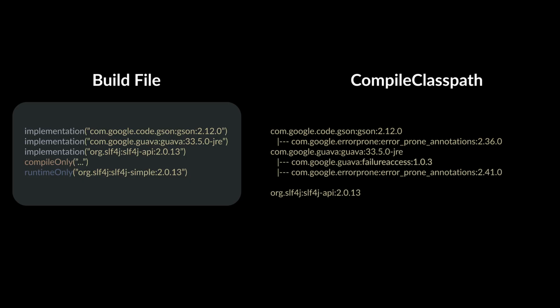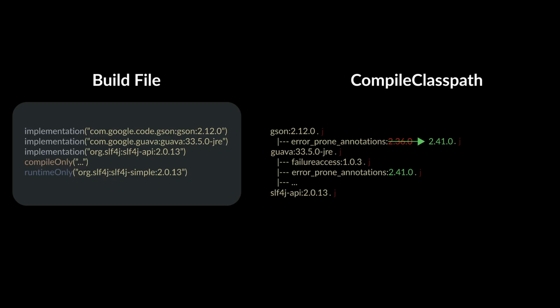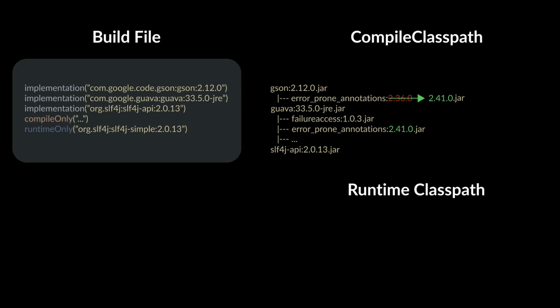After it has finished collecting all of the dependencies, if there are any version conflicts where different versions of a library are requested, provided there is no other configuration that specifies otherwise, it uses the default version conflict resolution strategy of picking the highest version. At the end, Gradle populates the compile class path configuration with the jar files associated with the dependencies. For the runtime class path configuration, it extends from the implementation and runtimeOnly.